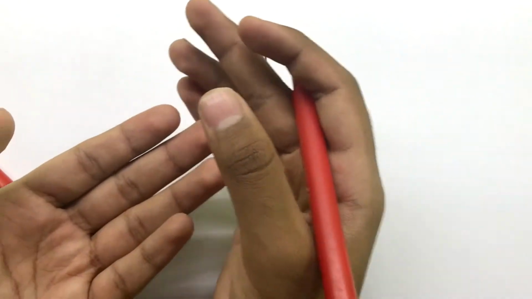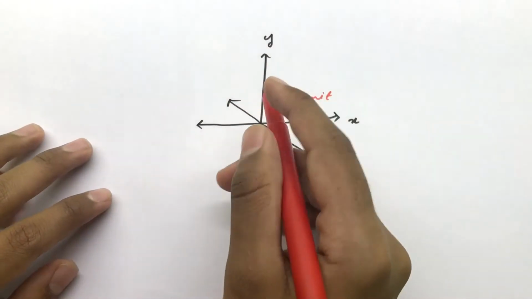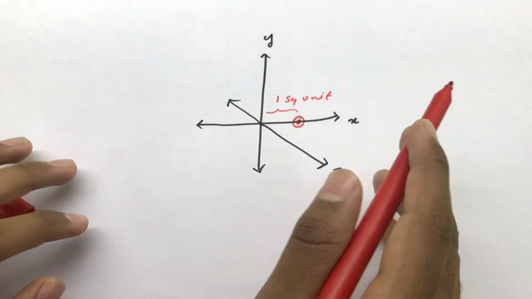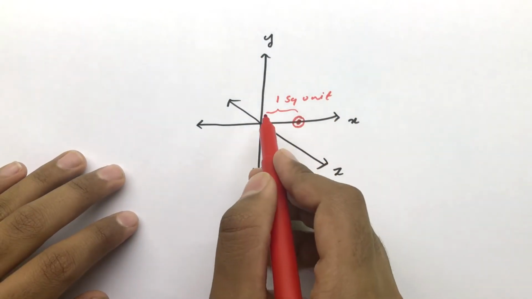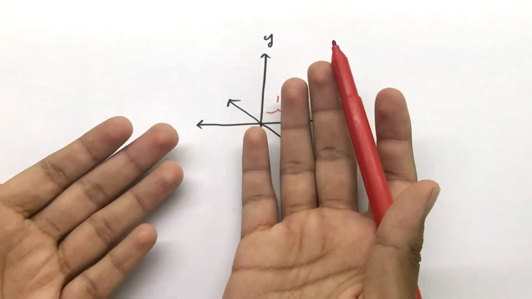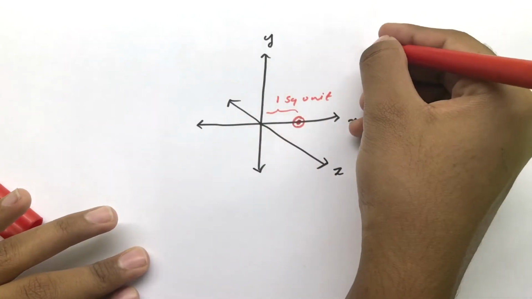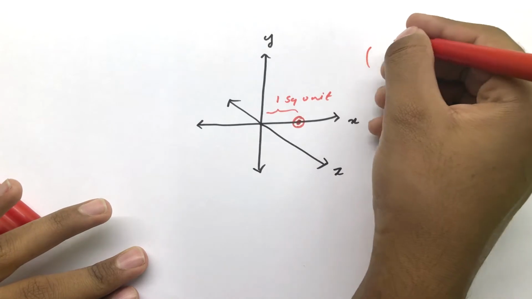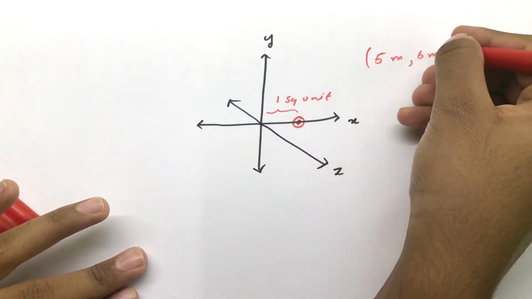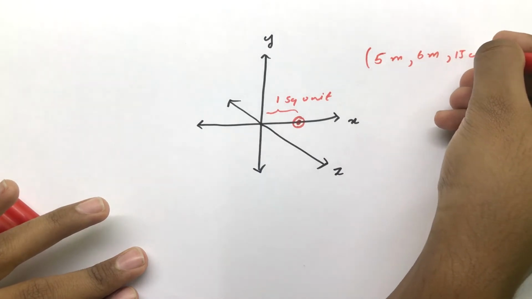It can be meter, it can be centimeter, it can be anything, but in this case, we're just going to call them square units to avoid confusion. Because in the last video, if you remember, this person traveled 5 meters along x, 6 meters along y, and 15 centimeters along z. So when we represent the triplet like in the last video, we would have to say 5 meters, comma 6 meters, comma 15 centimeters.